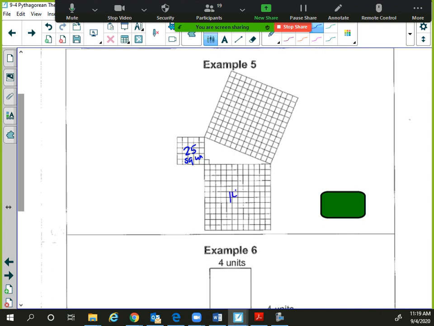And this one would be 144 square units. Okay, so use your Pythagorean theorem, plug in your information, your data, and prove whether or not this is going to form a true right triangle or not, and let me know your answer privately in the chat, please.